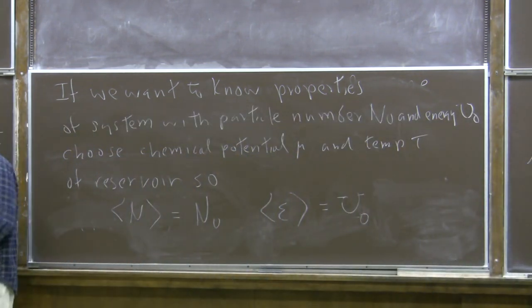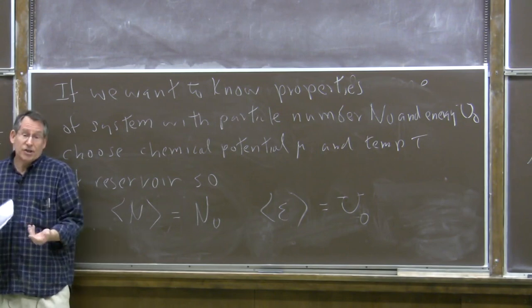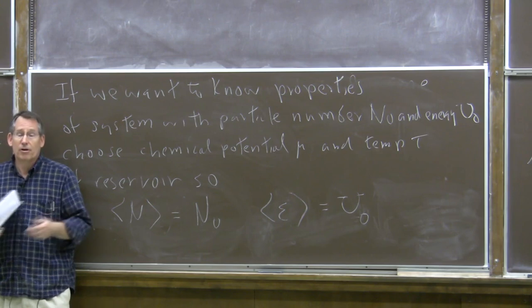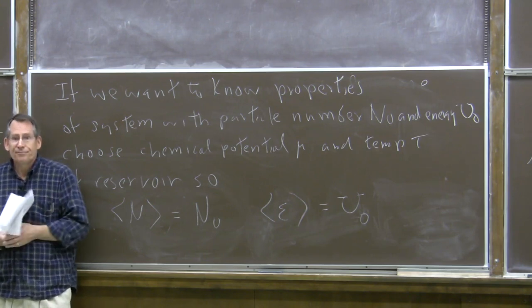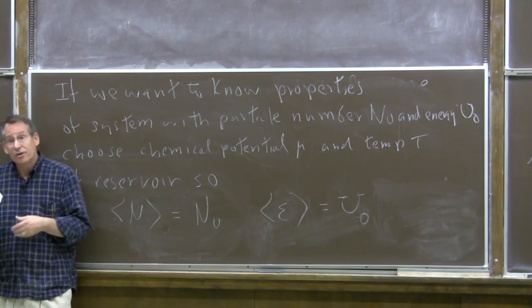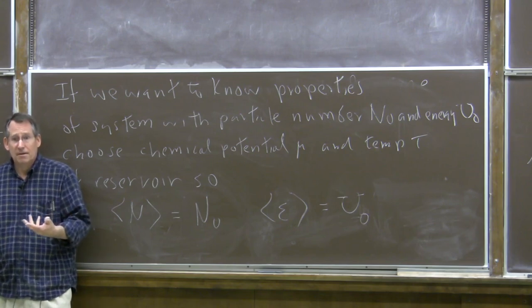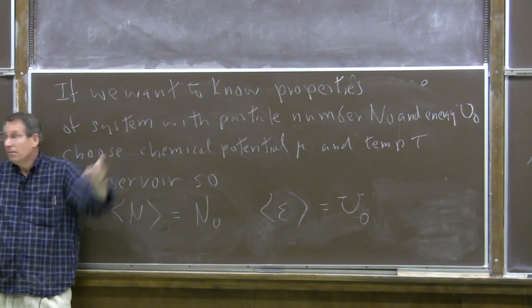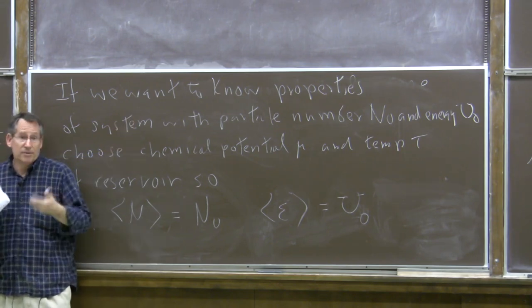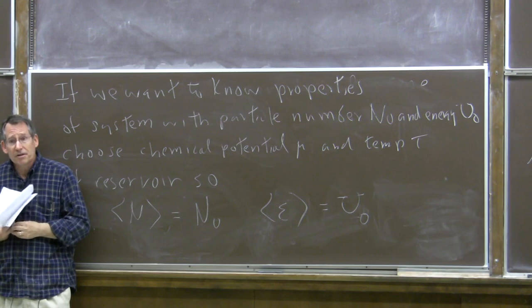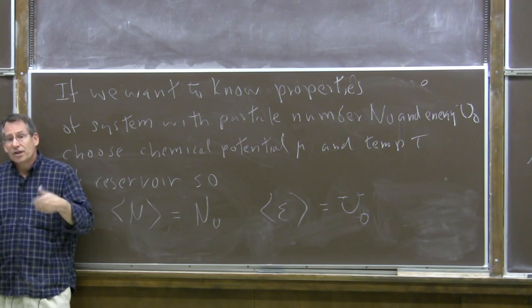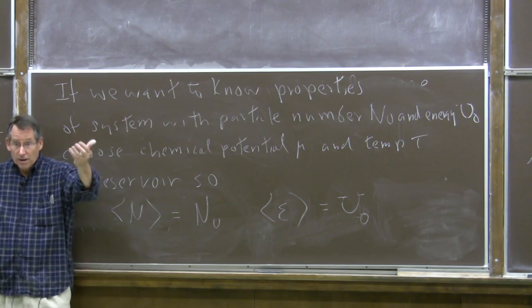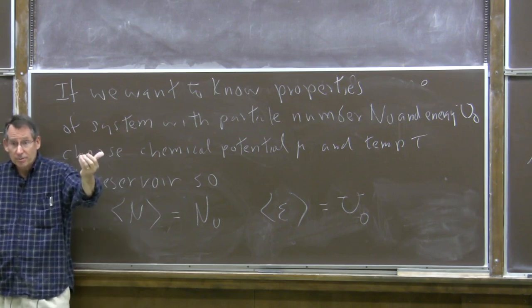Well, that's right. So we're summing over all states. Each state has some specified energy and particle number. So, of course, if you fix the energy per particle, the energy of the state would increase with the number of particles. But the way we're going to use the Gibbs sum, like we use the partition function, is to study the properties of the system by summing over all states weighted by the right probability distribution.